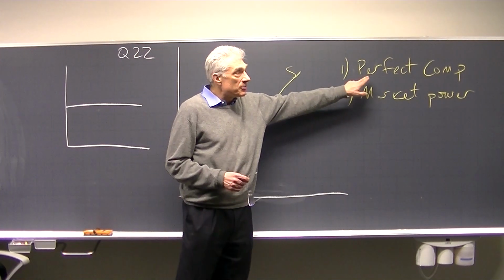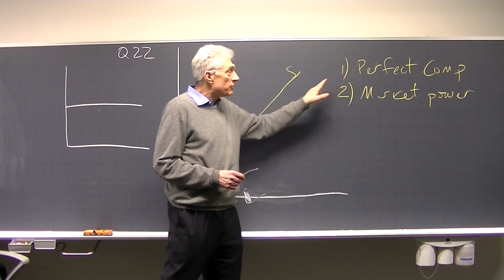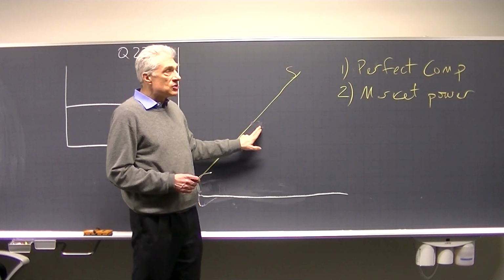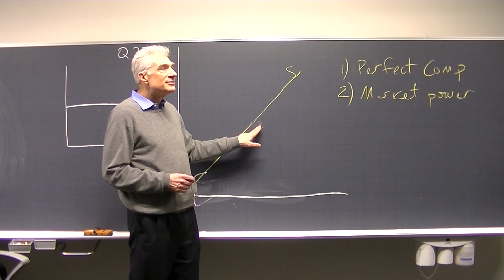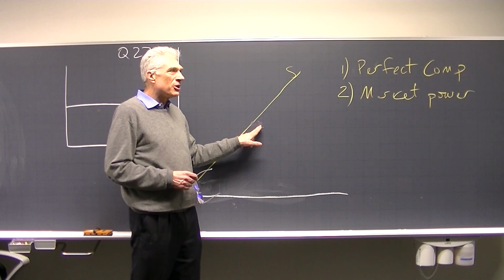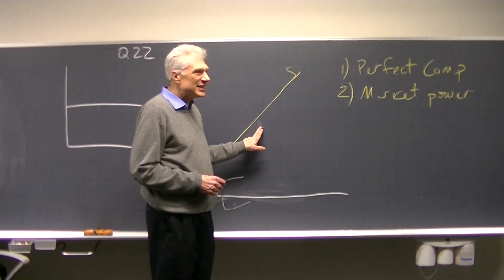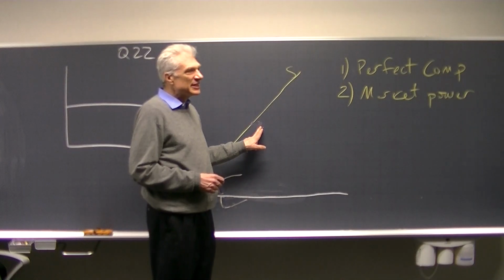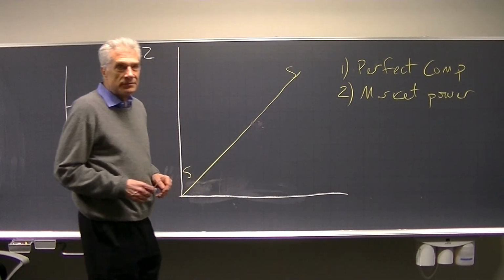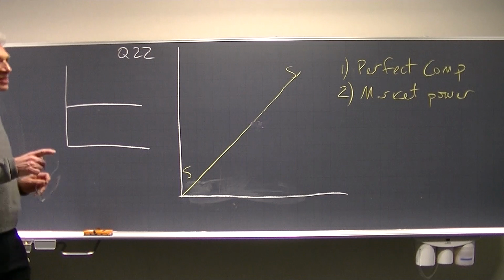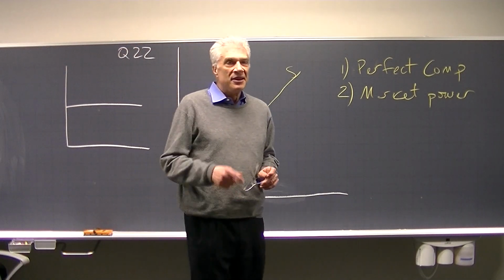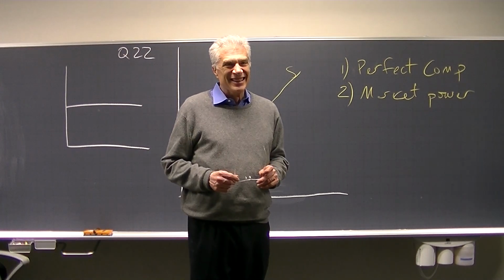If the buyers are in perfect competition, then it represents their marginal cost, because they can't control it. That's the difference. Do you see the difference? Do you understand what I'm saying?